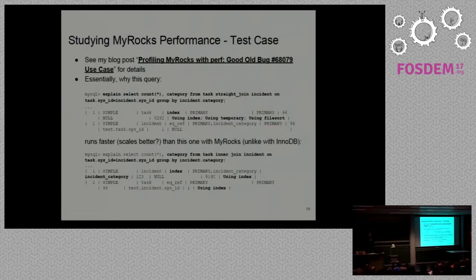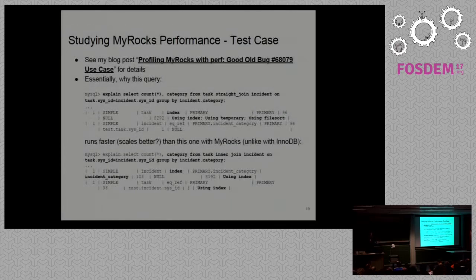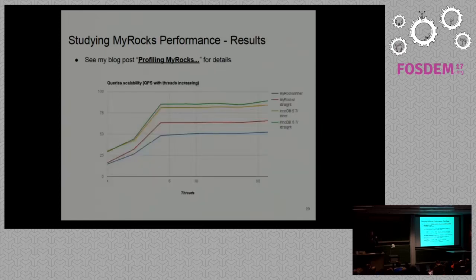The last but not the least, one example of when you have to use profilers because there is just no performance schema. I tried to profile a MyRocks specific load that is questionable. There is a query, historically from an older InnoDB bug, that can be executed differently, with different join order, and one of the queries avoids filesort, which is normally a desirable thing, but the other does filesort.